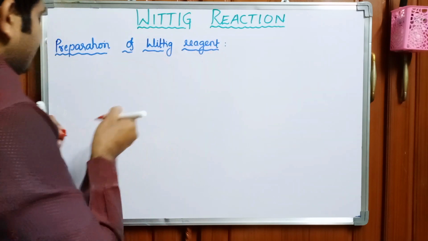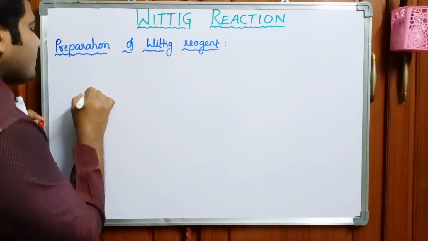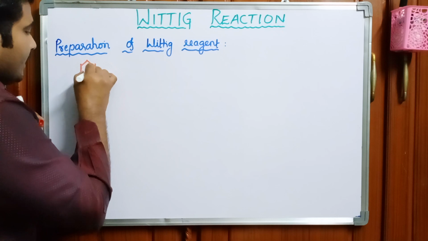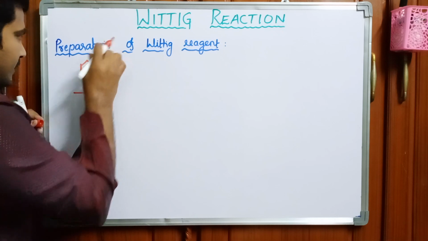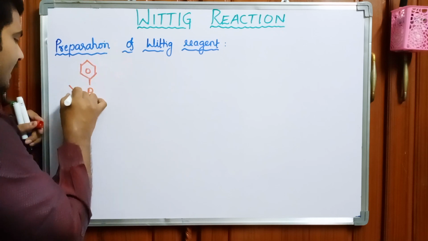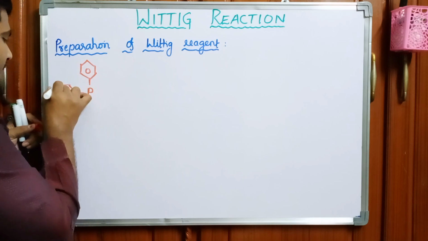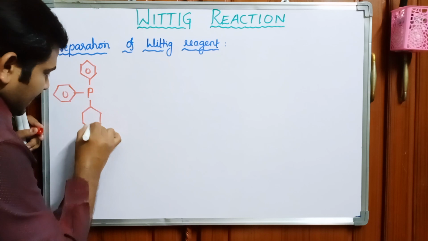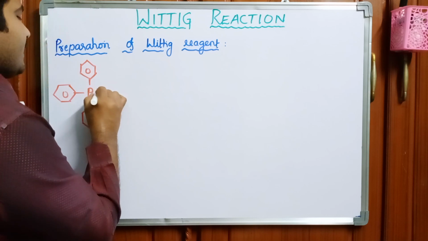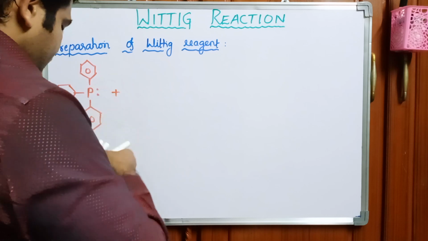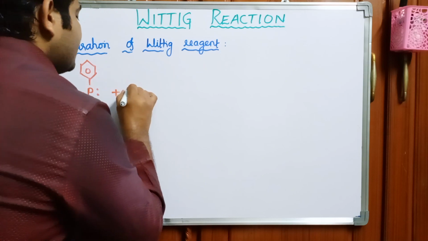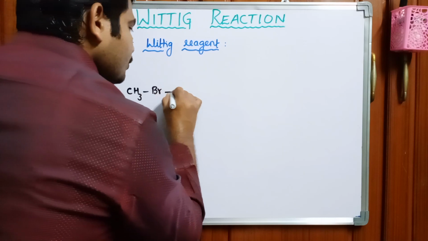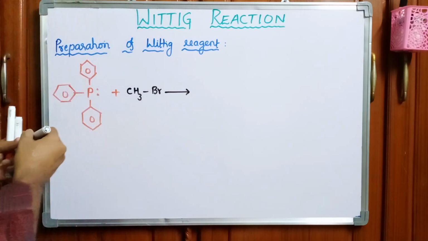This Wittig reagent can be prepared by treatment of triphenylphosphine with methyl bromide.